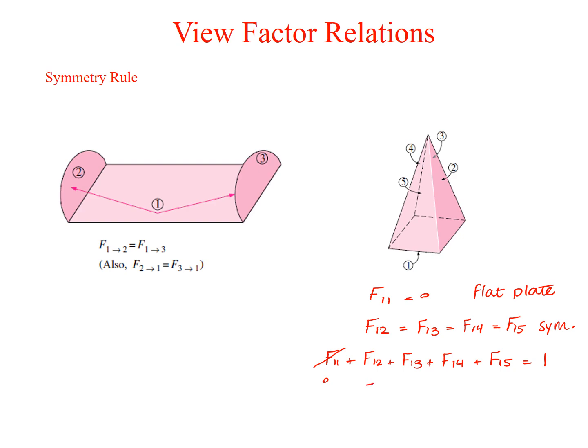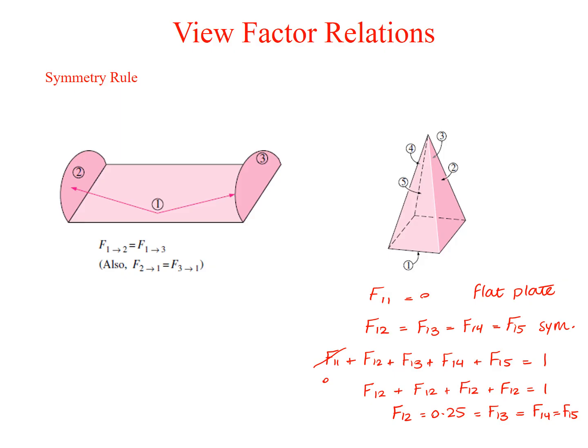So in other words, I can say that this is F12 plus, I'm going to replace this with F12 plus another F12 because they're all equal, right? So 4 F12 is equal to 1. In other words, I can say that F12 is equal to 25%, which is equal to F13, which is equal to F14 and F15.